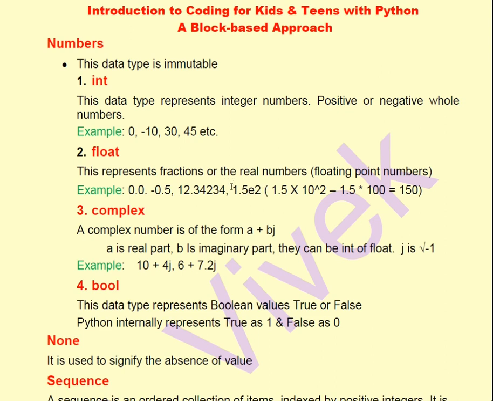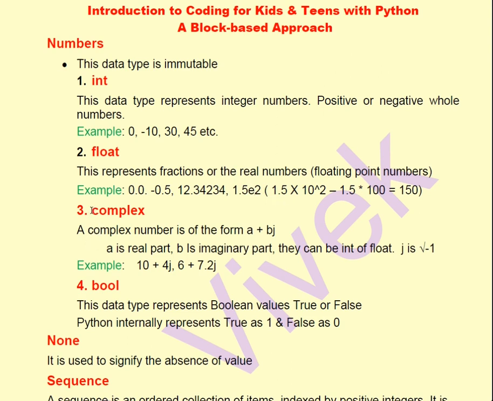So the real number has now been represented in another form referred to as exponential form. This means 1.5 times 10 to the power 2, that is 1.5 times 100, that is 150. So this is actually the float number 150.0. So we can represent numbers in shortcut form also using the exponential format.